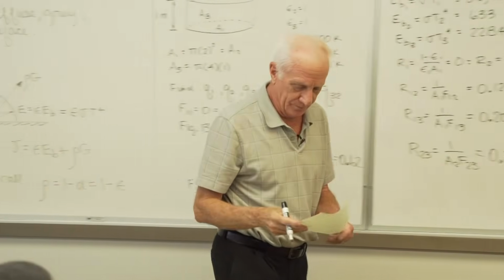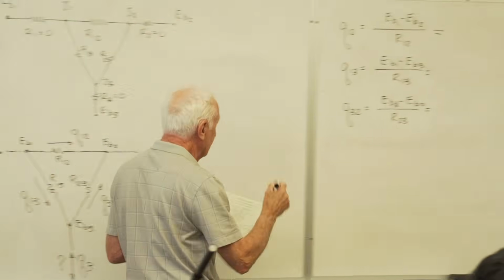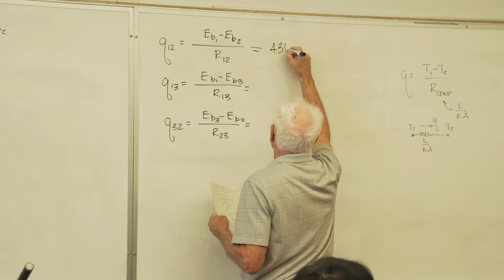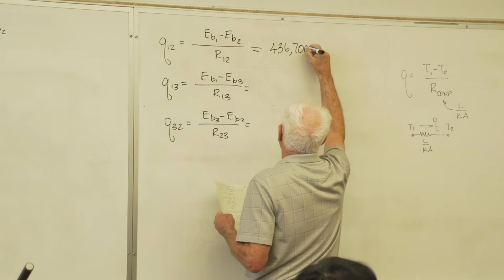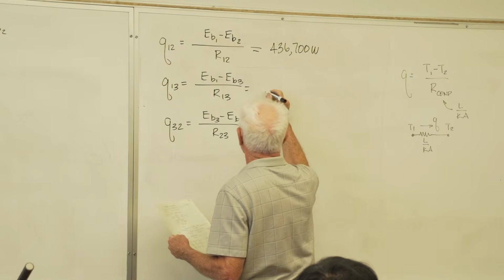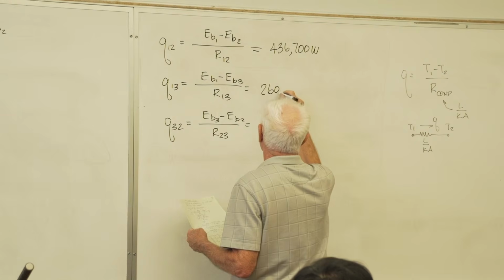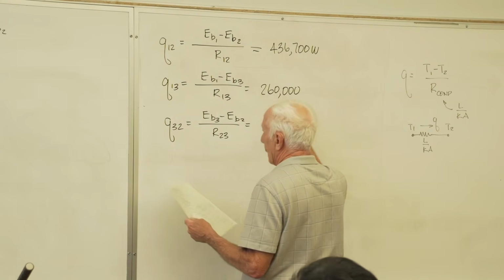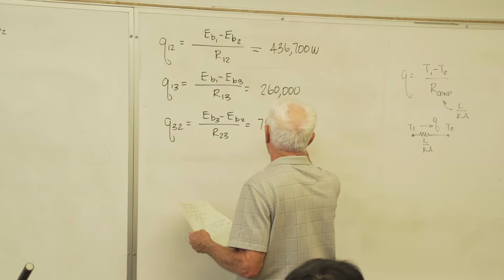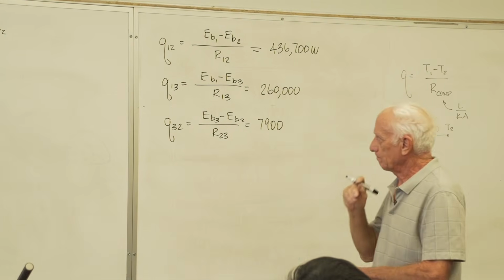Here it is, 436,700. 1 to 3, 260. 3 going to 2.